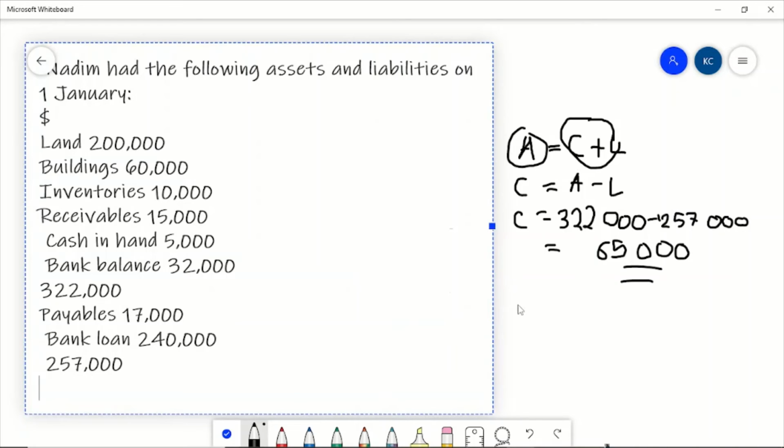So here, if you put assets, our assets were 322,000. When you add 65 to 257, hard to write on the computer.